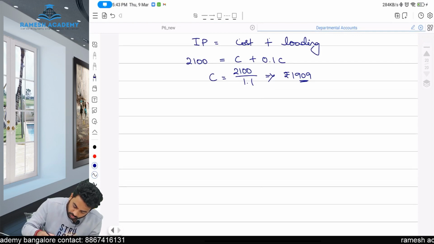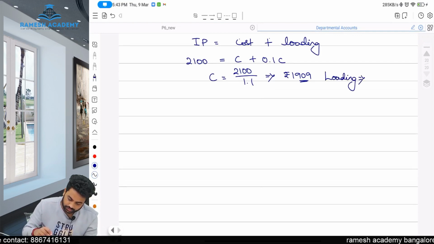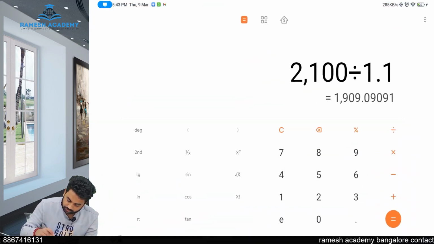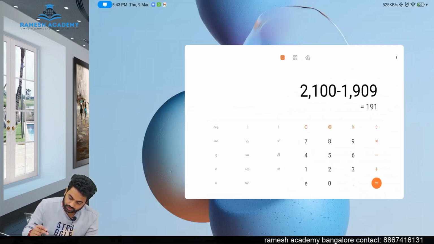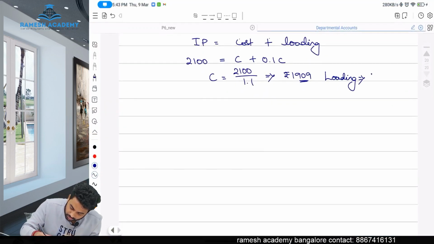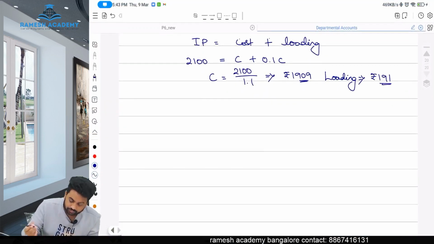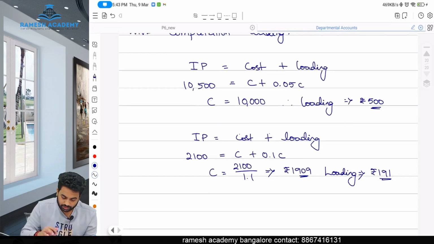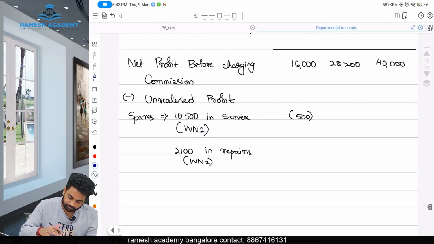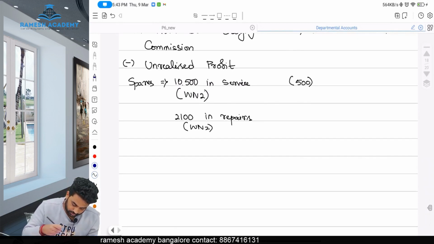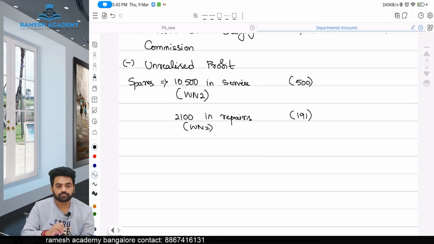So loading is 2,100 minus 1,909, which is rupees 191.